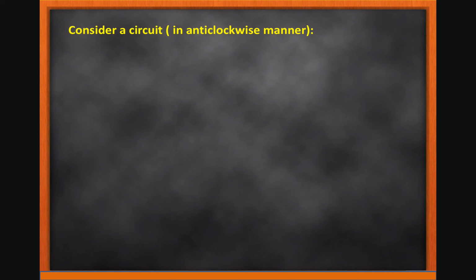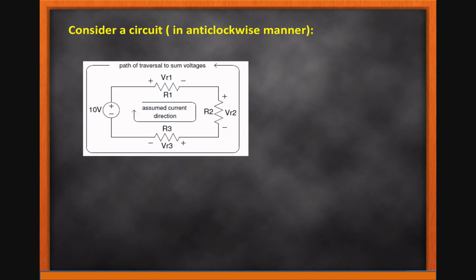One more example. In the same circuit, if you move in an anti-clockwise manner like this, then for writing the equation, VR1 is minus because minus comes first. Then plus 10 volt.